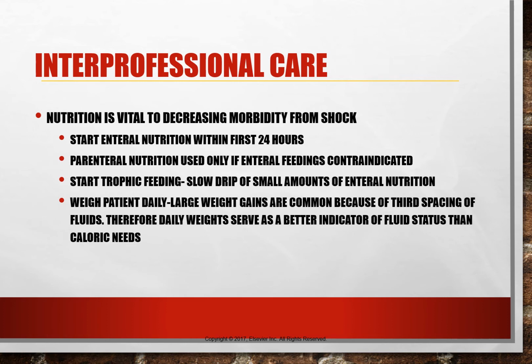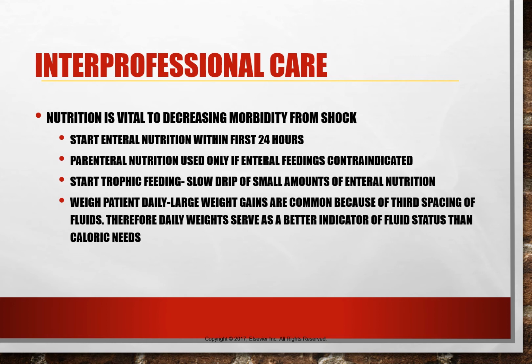So again, we want to make sure that they have nutrients to meet the body's needs. It should be started within the first 24 hours. Enteral feeding is the route of choice, and then it's what we call trophic feeding, so slow drips of small amounts of nutrition, see if they're tolerating it, and then we can titrate it up to a goal rate.